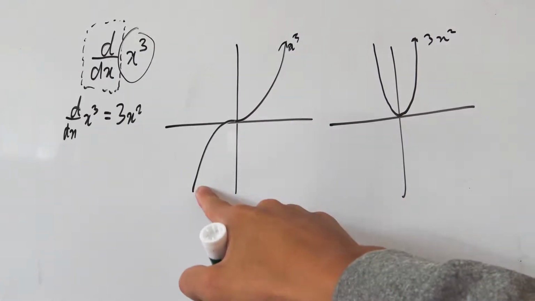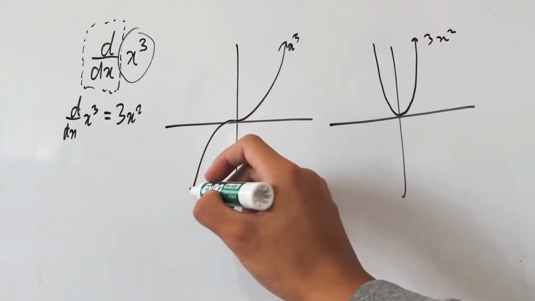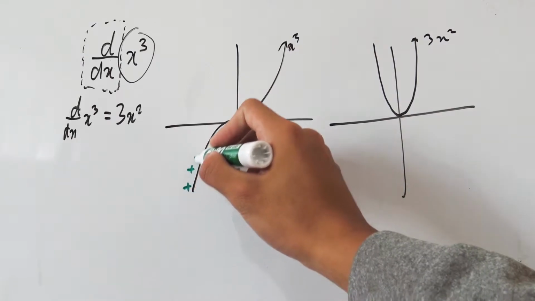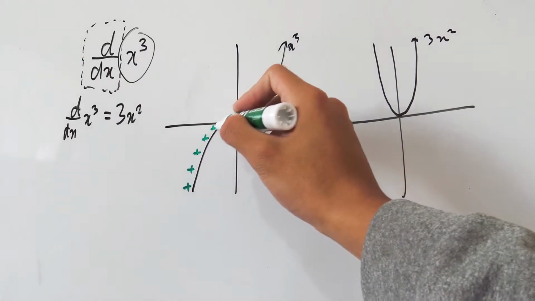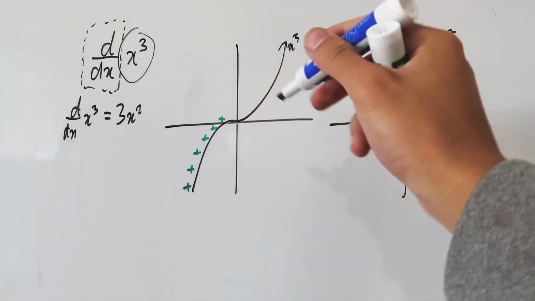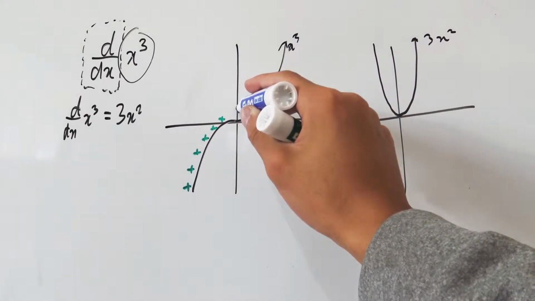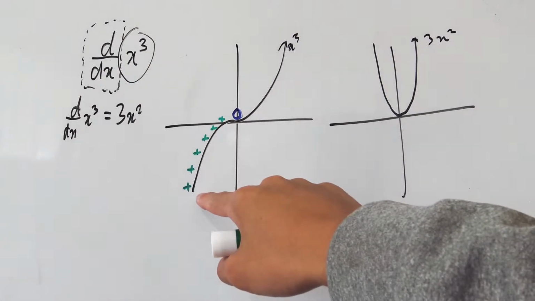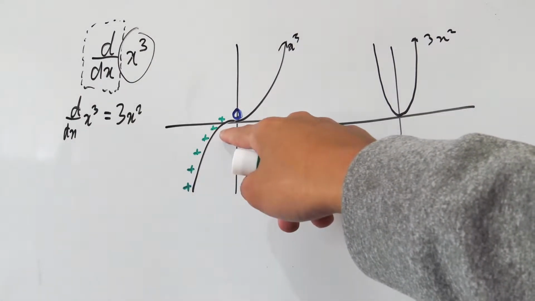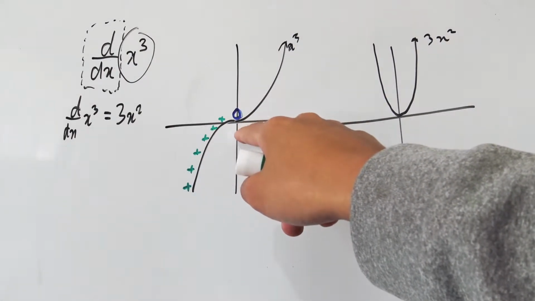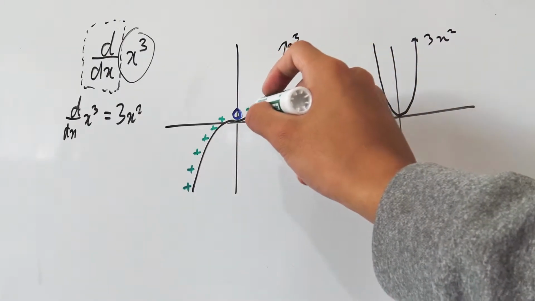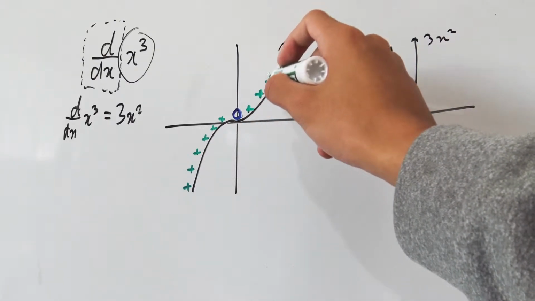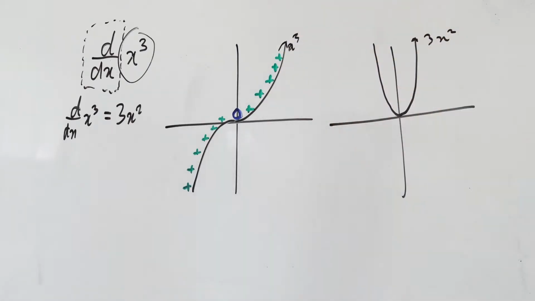So as you can see here, if you look at the gradient along our x cubed graph, it's positive, positive, positive. And right at the origin here, we have a stationary point where our gradient is 0. So what our x cubed is doing is it's increasing, it's slowing down, and it stops. And then it's going to keep going, and it's going to keep increasing with a positive gradient.